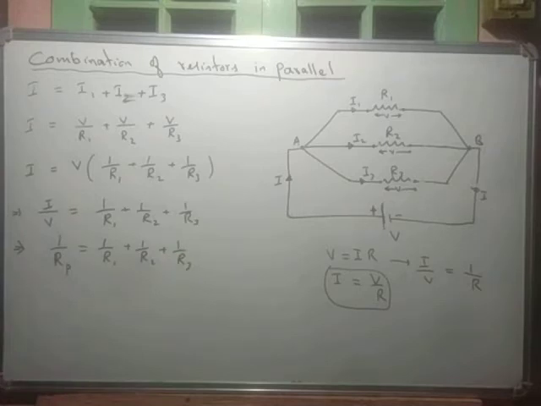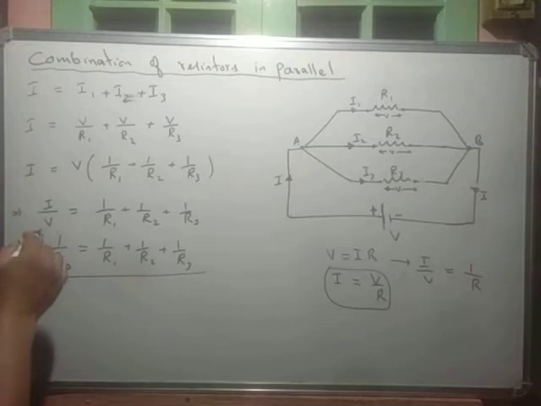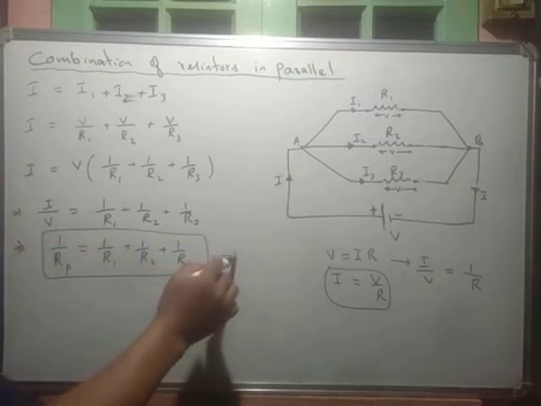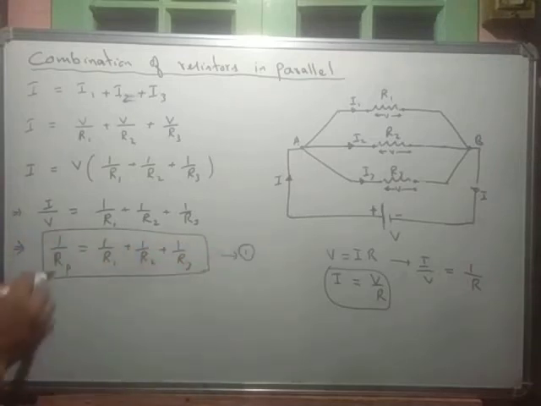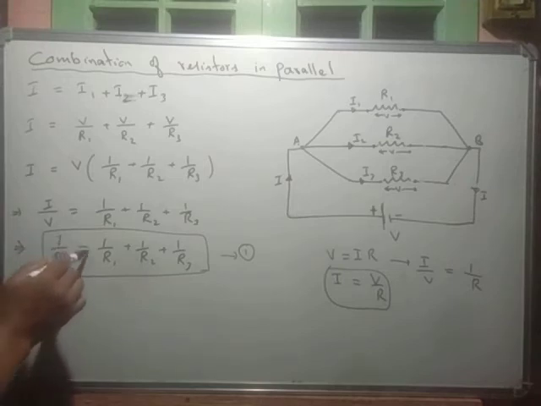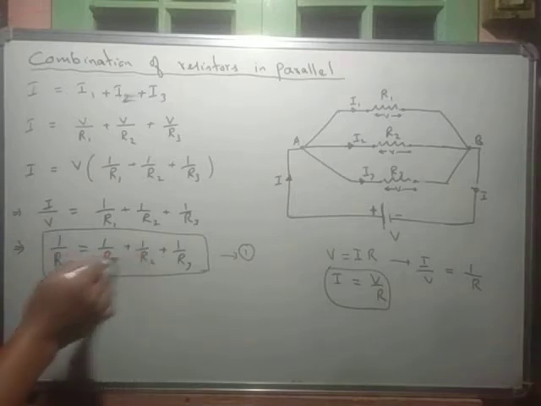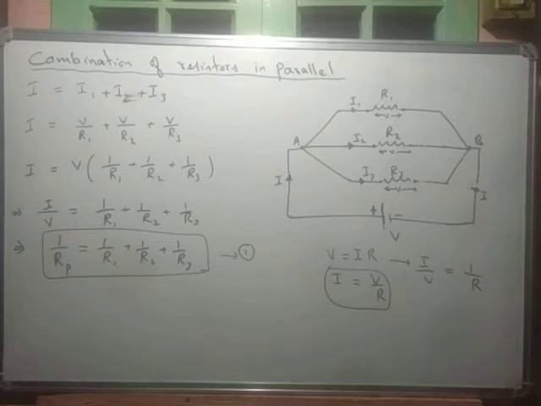You can name this as equation 1. From this equation 1, we conclude that the reciprocal of the total resistance is equal to the sum of the reciprocals of the individual resistances.